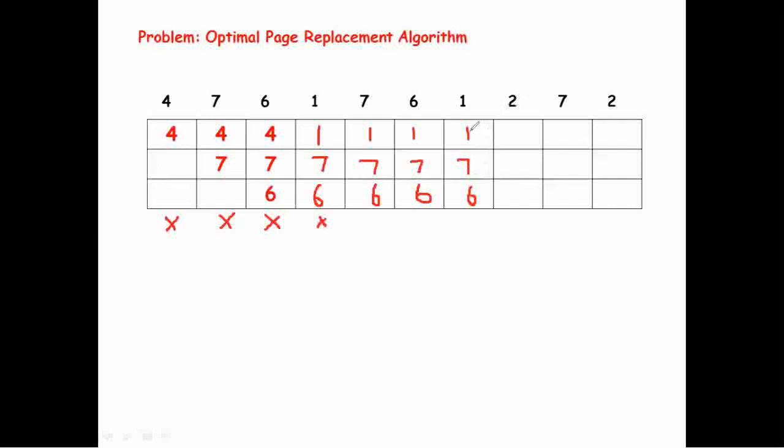Very recently 1 has entered, so ignore it. Among 7 and 6, 6 will not be referred in the future. So replace 6 by 2. Here a page fault occurs. When 7 is referred, 7 is already available, so no page fault will occur. When 2 is referred, 2 is already available, so here also a page fault will not occur.